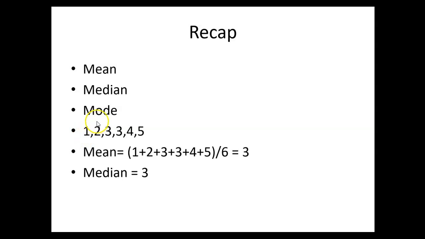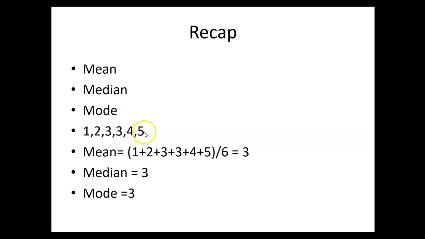If I crossed out 1, 5, 2, and 4, in this case we have an even number, so we get what is in the middle of 3 and 3, which is 3. So the median is 3. And because 3 is the most common number, the mode is also going to be 3. So this would be normally distributed data where the mean, median, and mode are identical.